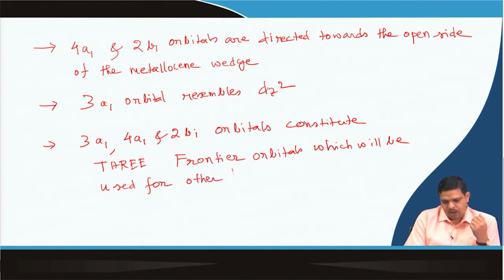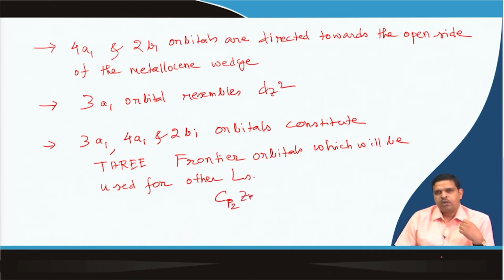I am writing L. So, what I am telling is that Cp2Zr, we know, is in the +4 oxidation state. So, I will have other groups R2, where R may be X, halides, aryl, alkyl.